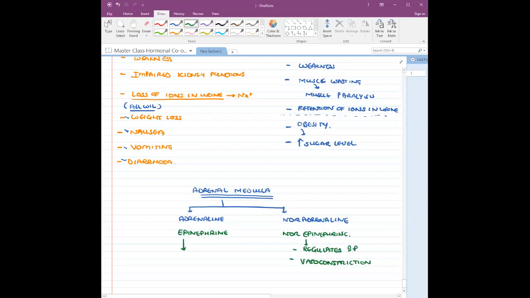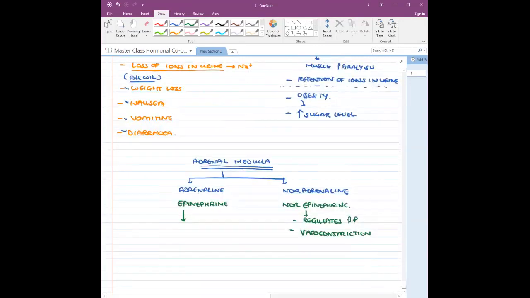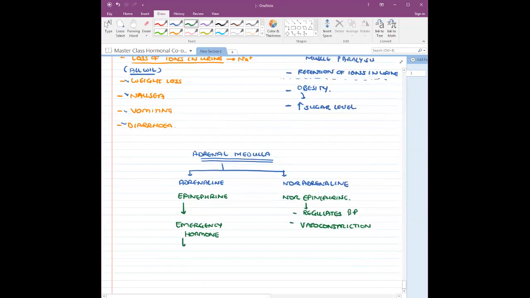Okay, but now this adrenaline, guys, remember, this is known as your emergency hormone. If it is an emergency hormone, what is it really going to do? So let's see. Now, when I say emergency hormone, guys, this is not going to be produced in your body every now and then. There are only going to be certain circumstances where this is going to be pronounced.